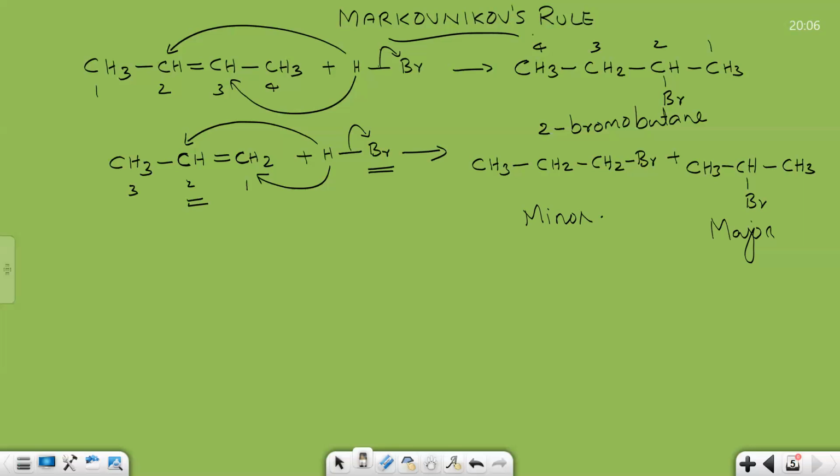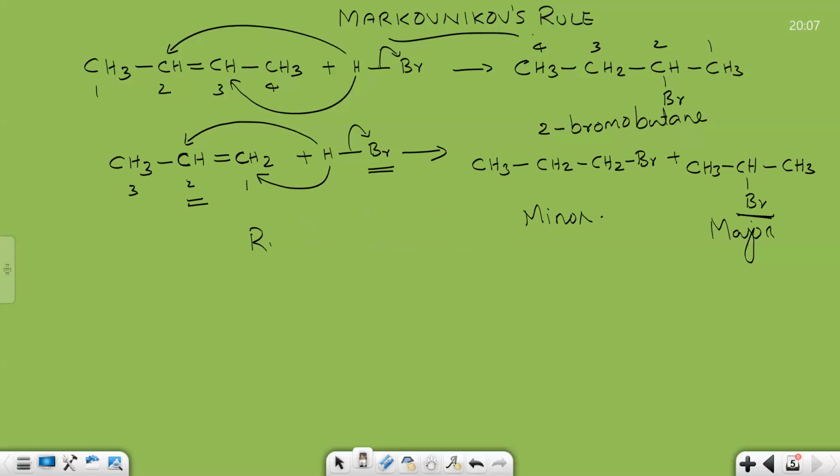Or you can easily remember this in another way. You can see that in the major product, the hydrogen has gone to the carbon that contains more hydrogen atoms, right? In the major product, hydrogen is on the first carbon, and the first carbon contains more hydrogen atoms. So when an addition reaction takes place, the hydrogen atom goes to the carbon that contains more hydrogen atoms.